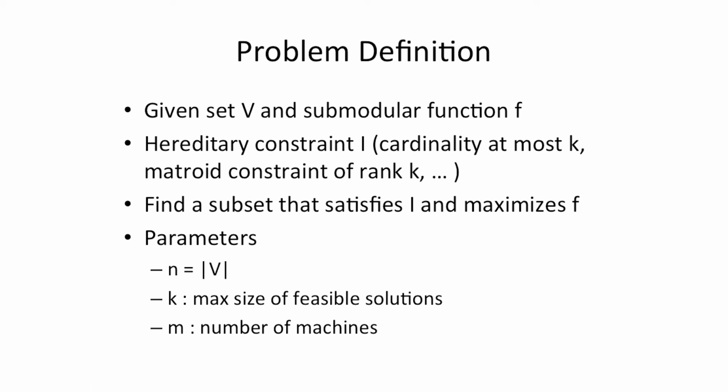We want to find a feasible subset that maximizes this function. Throughout this talk, n is going to be the total number of elements in the data set, k would be the maximum size of a feasible solution, and m is going to be the number of machines.